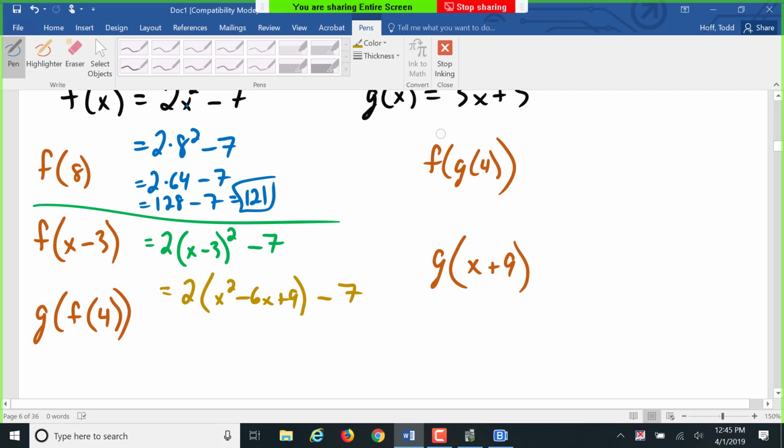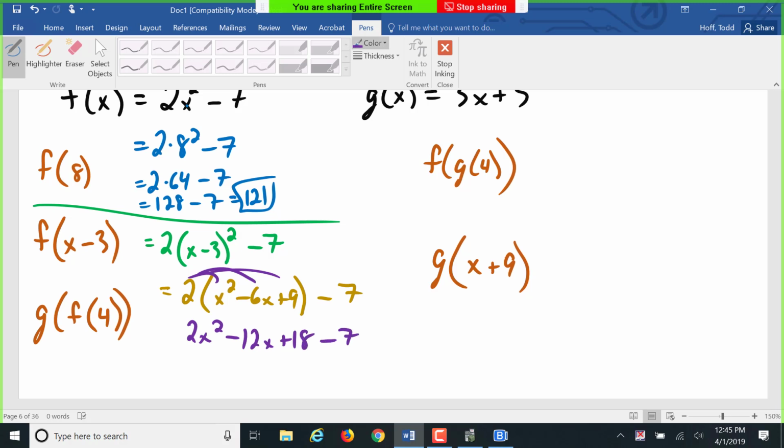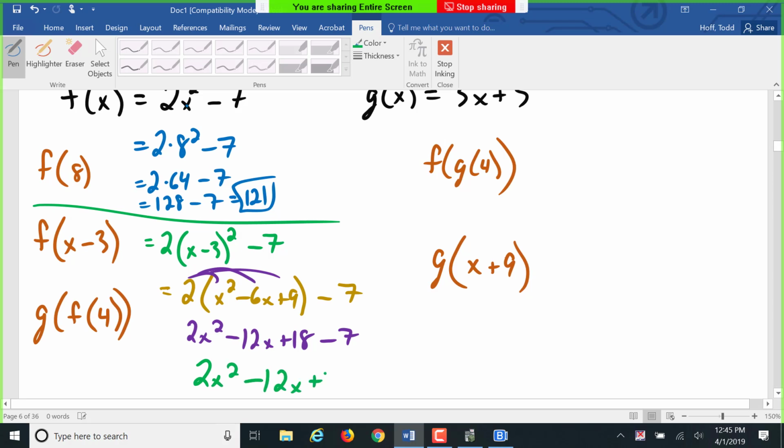We will multiply through that 2, distribute the 2. That's 2x squared minus 12x plus 18. We still have the minus 7 there. 2x squared minus 12x plus 11 is what we get. Any questions on that one?